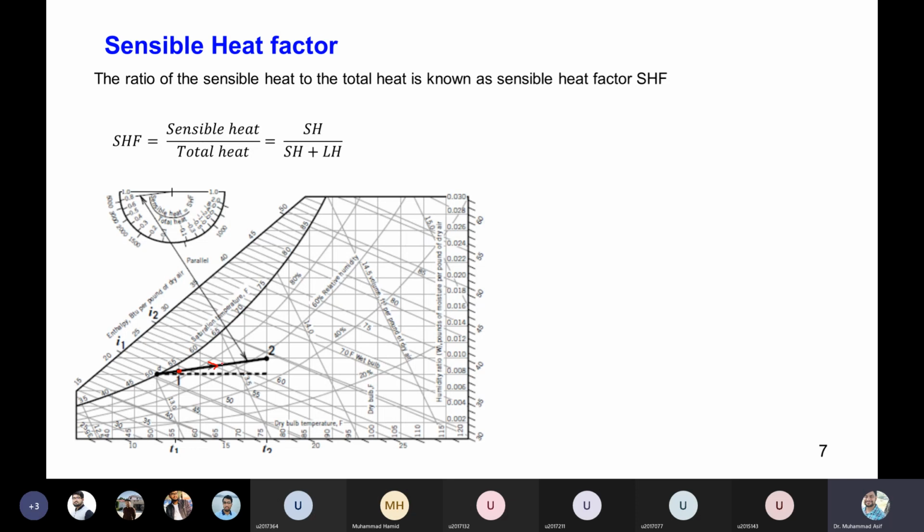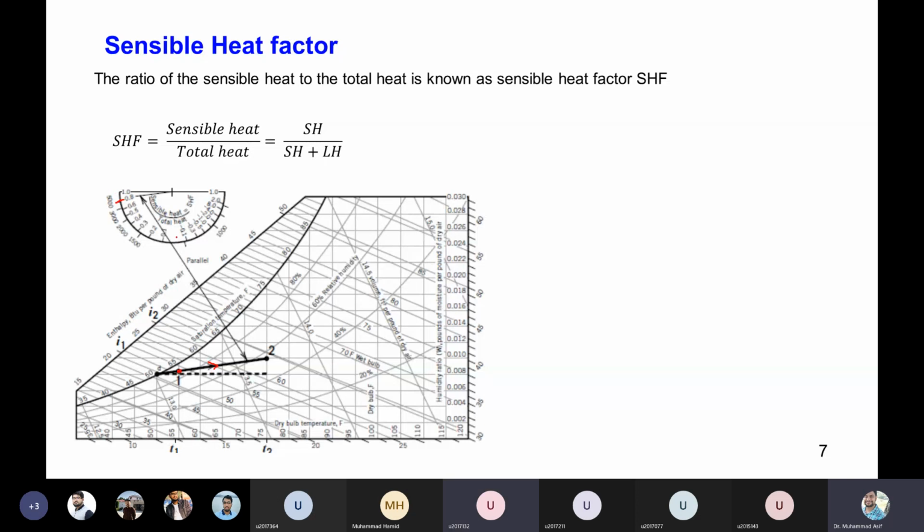So for this process, if you draw a parallel line, you can see there is a D shape, the shape on which the sensible heat factor is located. So you can locate the exactly parallel line, parallel to the line from 1 to 2, and the point where it cuts is the sensible heat factor.